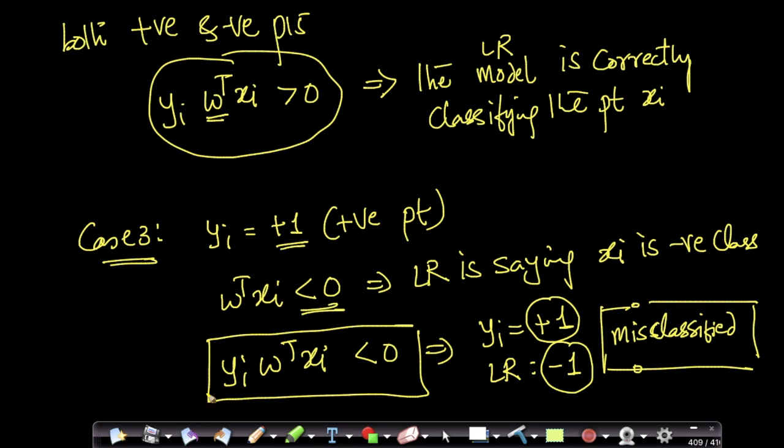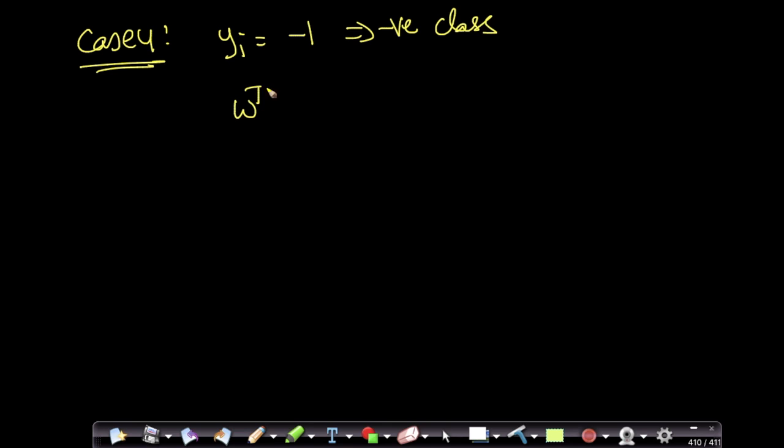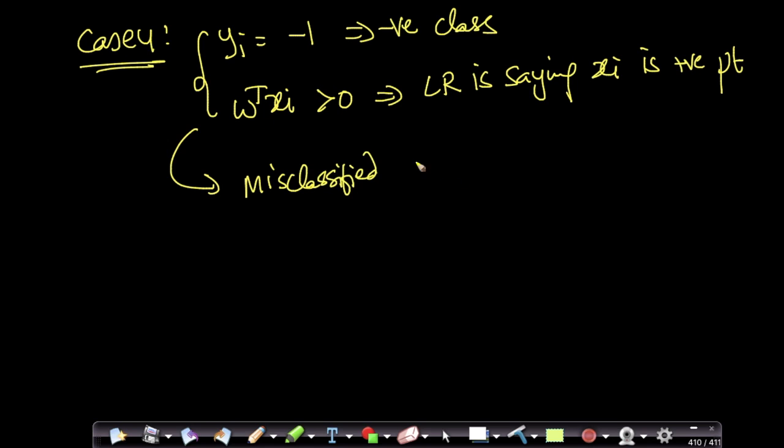Similarly, let's take case 4. Imagine my yi is -1, which implies it's a negative class point. Now if w transpose xi is greater than 0, what does this mean? This means my logistic regression is saying that xi is a positive point, which means they both are disagreeing. So this point is also misclassified, and yi w transpose xi will be less than 0.